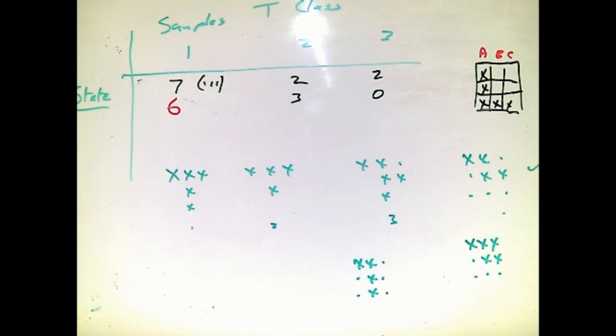Give us another one. 620. Have we got that one? No, we haven't. Maybe not. Keep going. One more. 730. 7, 3, 0. Got that one. 755.